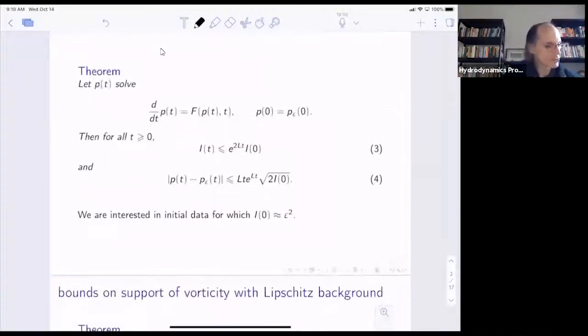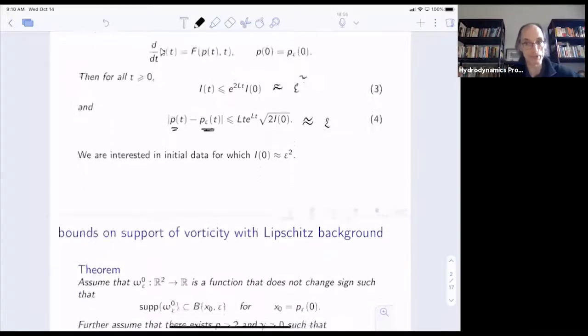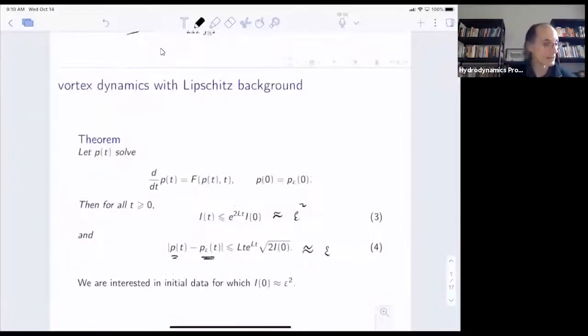And so we proved then that the moment of vorticity around the center of mass remains of order epsilon squared in the setting we're interested in. And the distance of the center of vorticity, P epsilon, from something we get by solving an ODE, P, is of order epsilon. And so here this is the ODE that just comes from the velocity field given by the background flow. Okay, this is one of the ingredients.